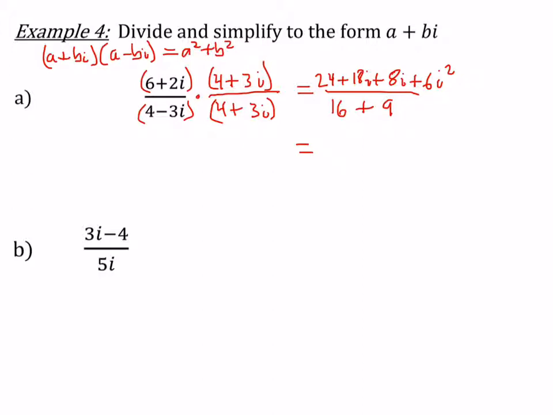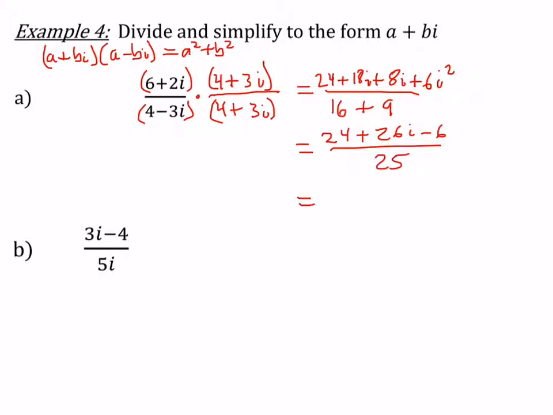Okay, so that's going to be 24. In the middle, 18i plus 8i gives us 26i. And this i squared is going to be negative 1, so negative 1 times 6, which is minus 6. All over the 16 plus the 9, which gives us 25.